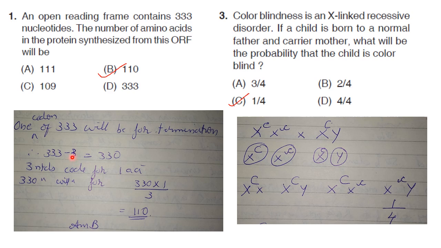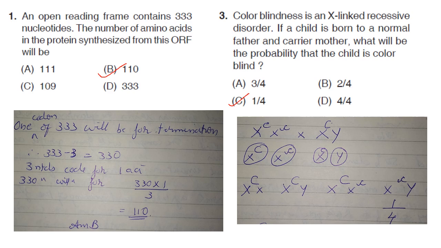So you have to subtract 3 from 333, you get 330 nucleotides. Then 3 nucleotides code for 1 amino acid. So 330 nucleotides will code for 110 amino acids. So the answer is option B.